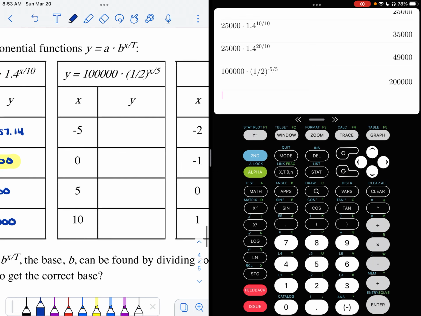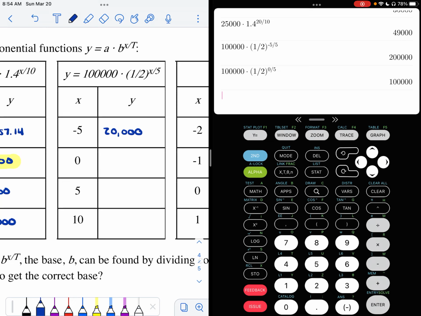We get 20,000. All right, if we plug in a 0, 100,000 times 1/2 to the power of 0 over 5, we get 100,000.